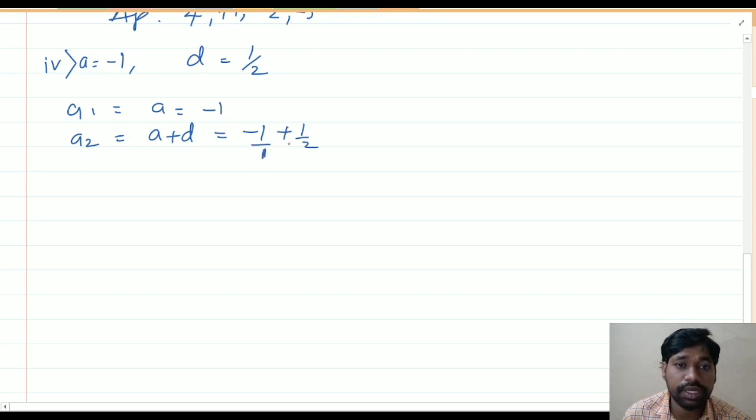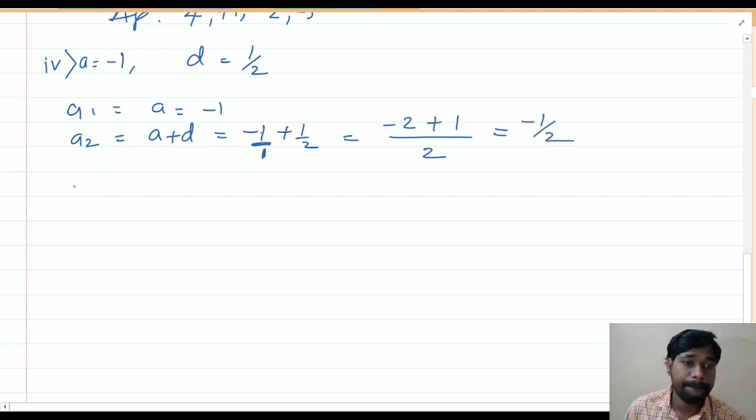Again we have to take the LCM for 1 and 1 by 2. The LCM is 2: 2 into minus 1 is minus 2, plus 2 into 1 by 2 is 1, so it is minus 1 by 2.